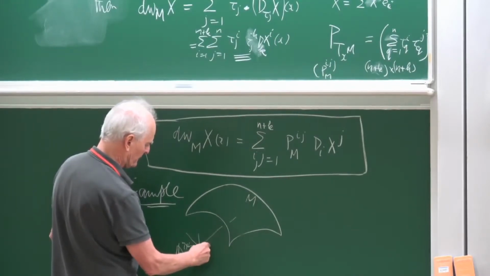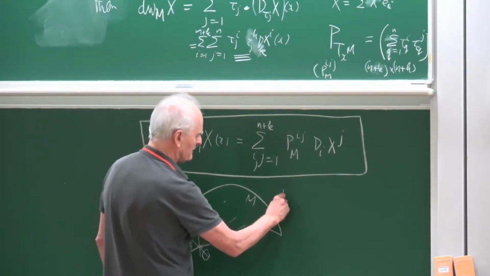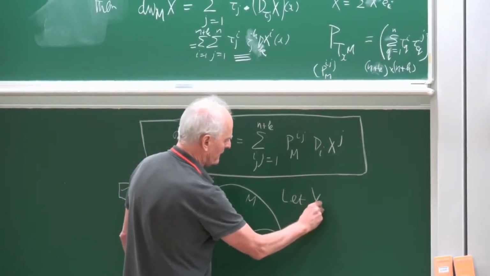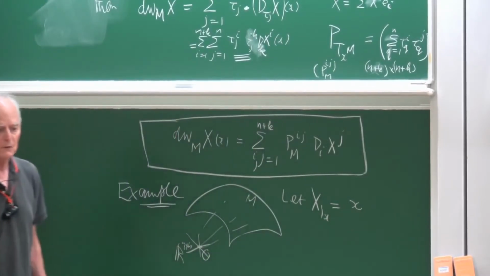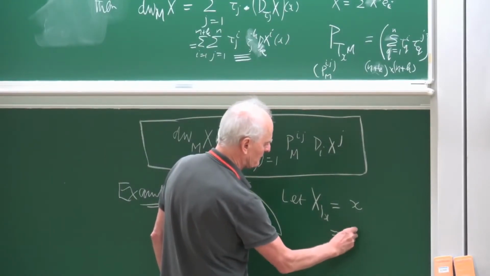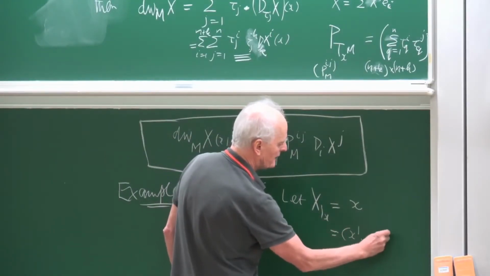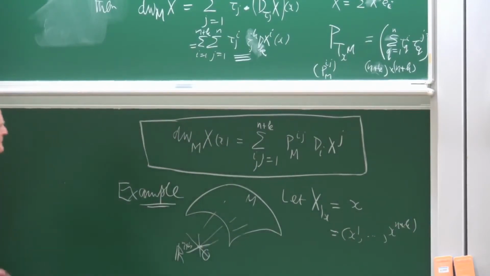So let X at x be equal to x, just the radial vector field. Remember, we're in R^(n+k), so these are just the coordinate functions x_1 up to x_(n+k).